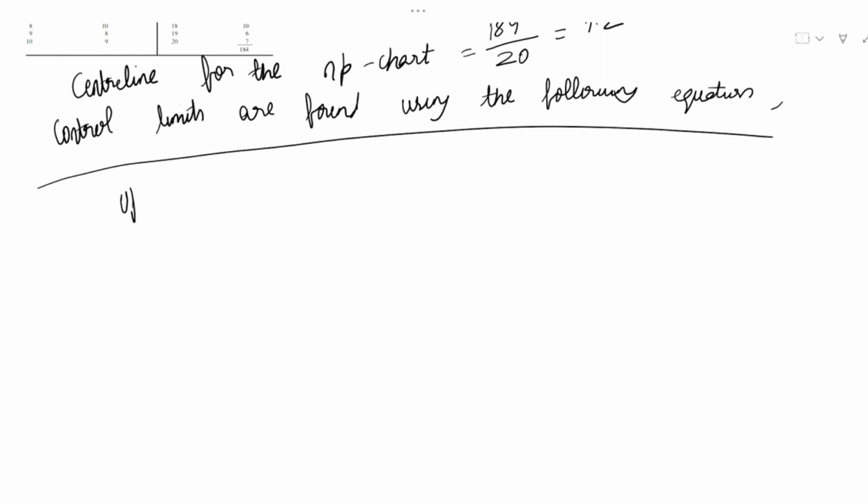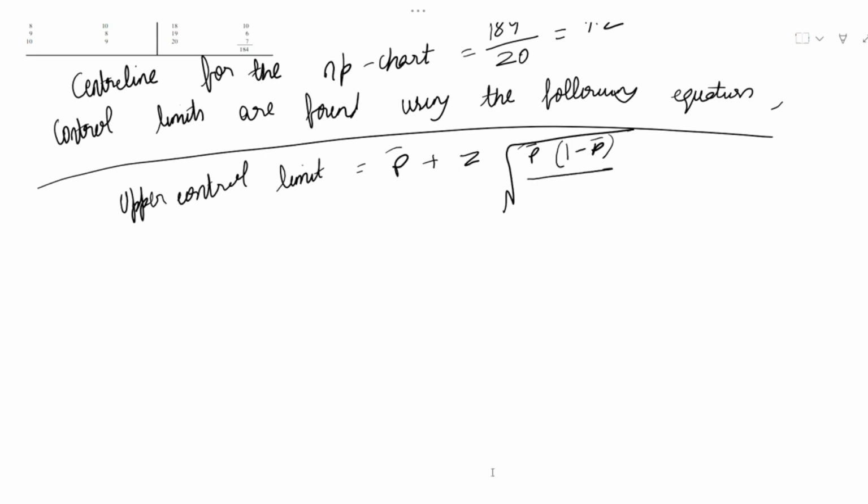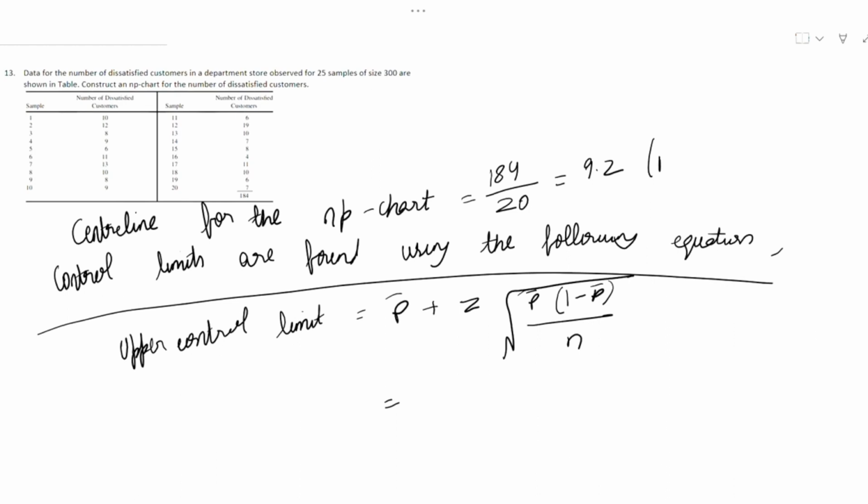That is, upper control limit is equal to P bar plus Z times the square root of P bar into one minus P bar by N. This is the P bar.